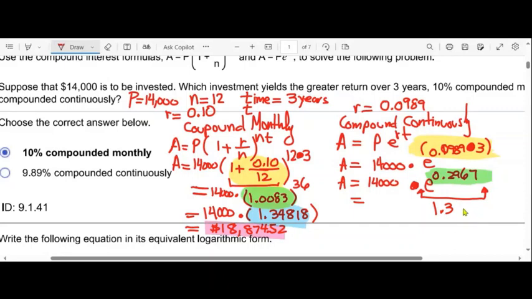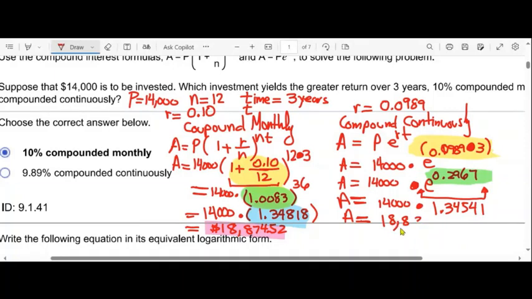Just give me all the numbers. 1.3454. Okay, multiply this times 14,000. 14,000 times 1.3454 will give us 18,835.74.